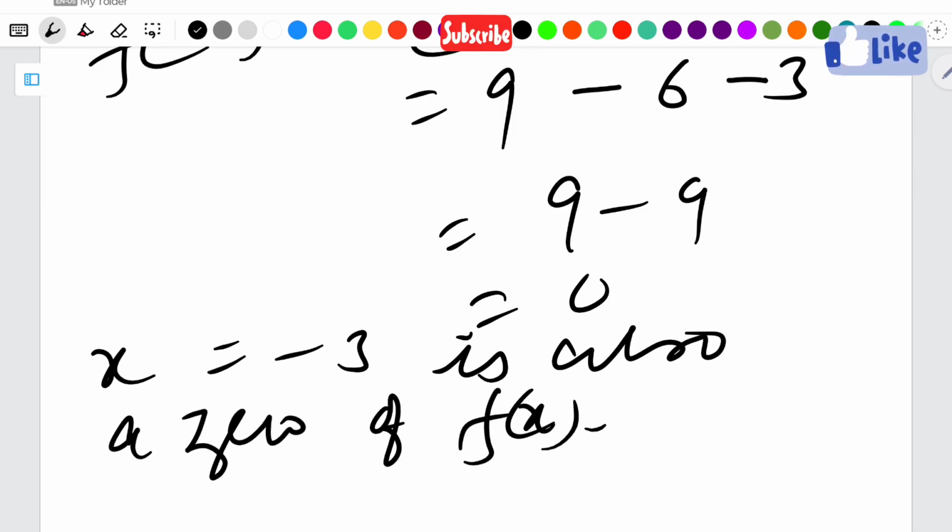Now the question is, students, is there any other possibility of x for which the whole quadratic polynomial will become 0? The answer is a big no. Why?